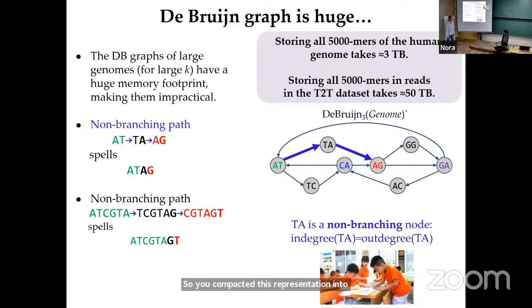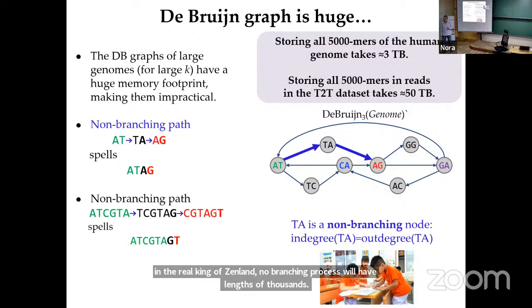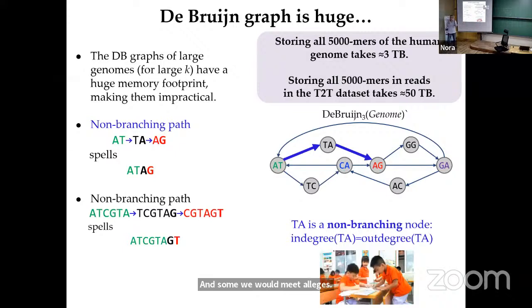Now, this non-branching path consists only of two edges. But in the real human genome, non-branching paths will have lengths of thousands and some even a million edges. When you compact them like this, it's a huge saving in memory.